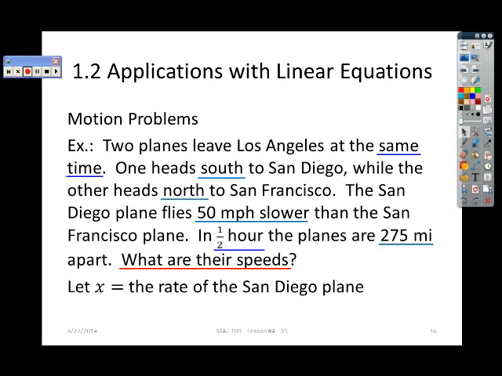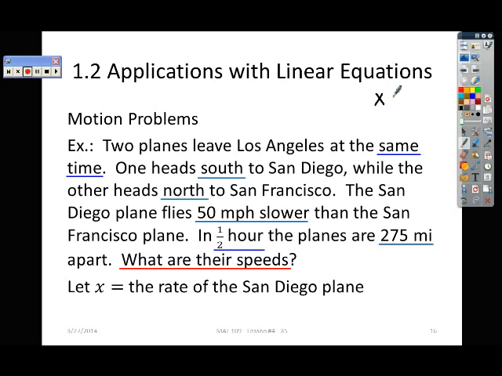If this one's x, isn't that the other one? Don't make it hard. It's really a simple concept. I mean, if one's 50 more than the other one, it's x plus 50. So that's the faster one, the one going to San Francisco.